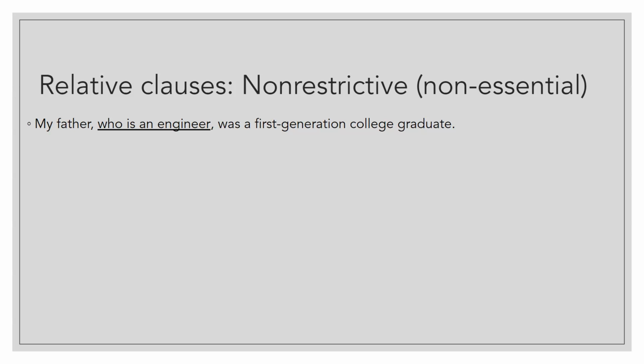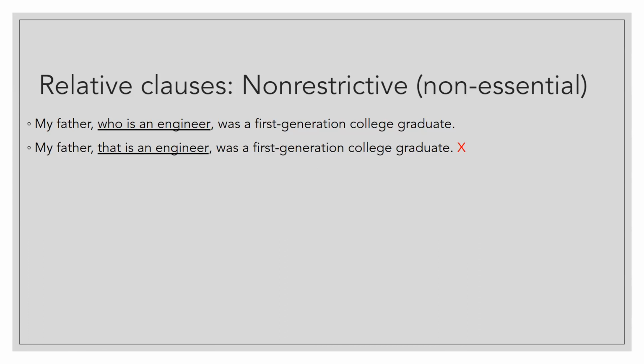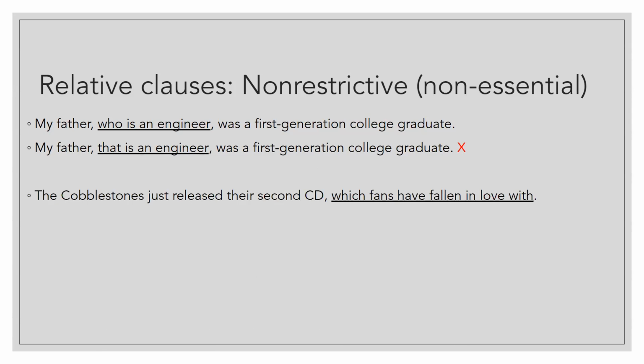So, comma, who is an engineer, comma. Okay? I, in this case, cannot use the relative pronoun that, right? For non-essential clauses, if it's a person, I need who or whom, right? So in this case, that would be incorrect, okay?